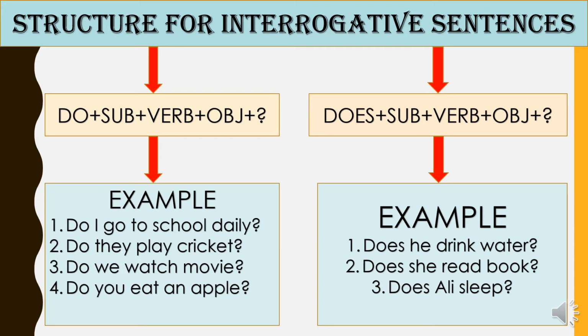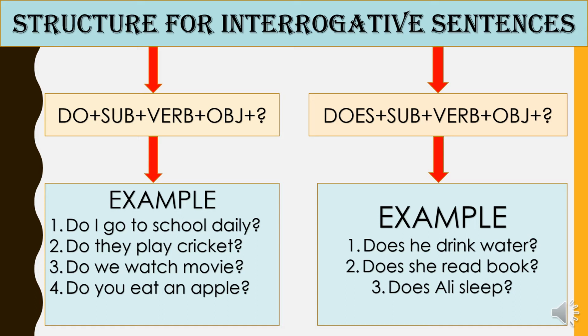So now here is the structure for interrogative sentences. Do you know what interrogative sentences are? They are the question sentences. So obviously we have to put a question mark in it. The structure is do plus subject plus verb plus object and, obviously, question mark. Examples: do I go to school daily? Do they play cricket?